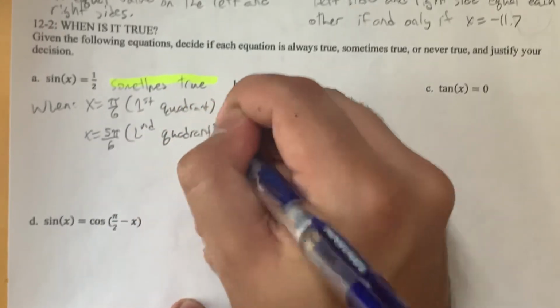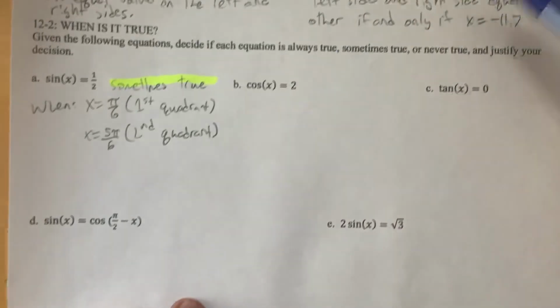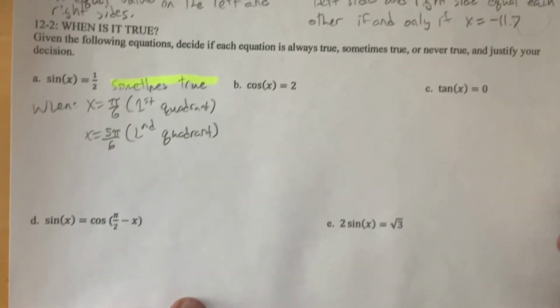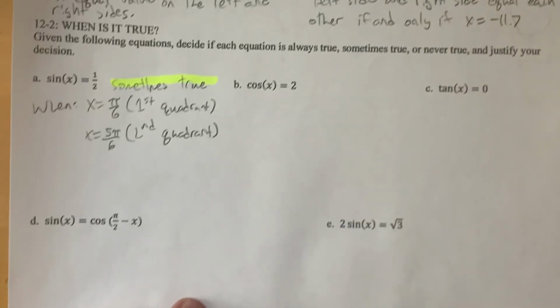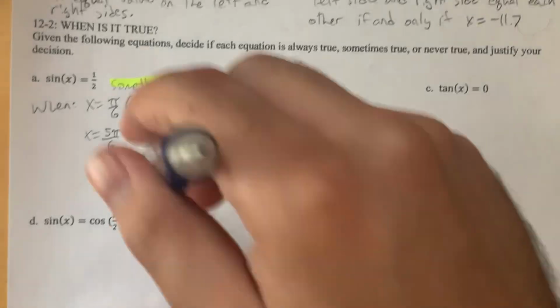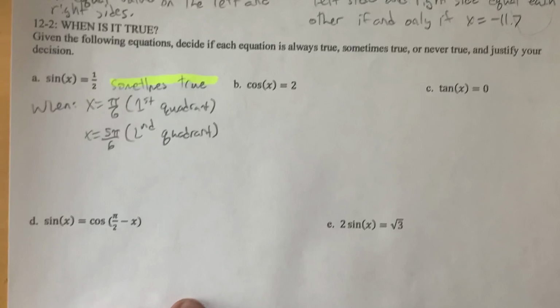Because we know all of them, sine, cosine, tangent, are positive in the first quadrant because it's positive 1/2. And we also know that sine is positive in the second quadrant. Now you just got to figure out which one gives you 1/2, and it's pi over 6 and 5 pi over 6. That's why I asked you to memorize the unit circle.